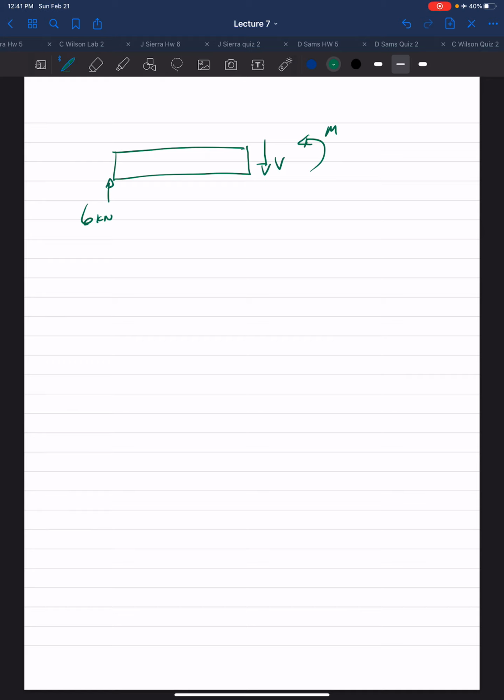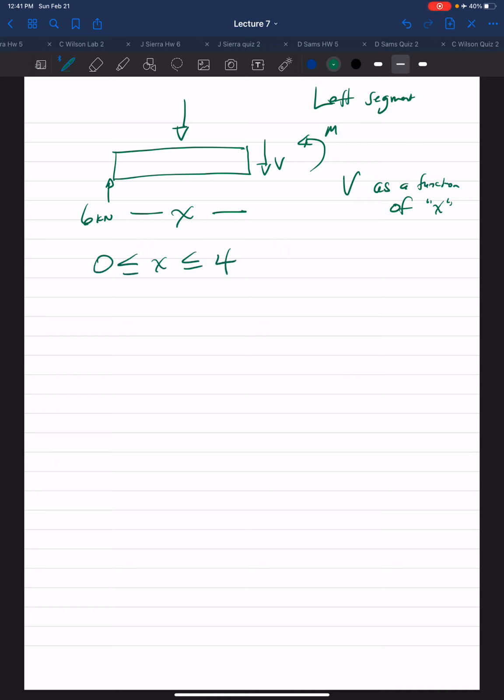Six kilonewton support reaction. This is the left segment. And we're solving for V as a function of x. So this distance now is x, and x we said is from 0 to 4. X is a minimum of 0 meters and a maximum of 4 meters.